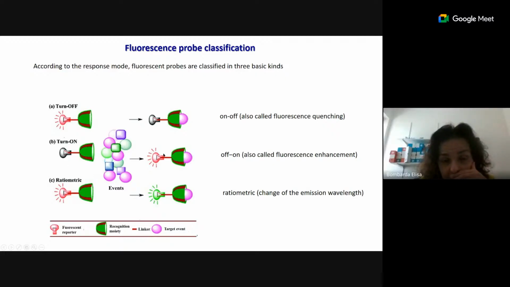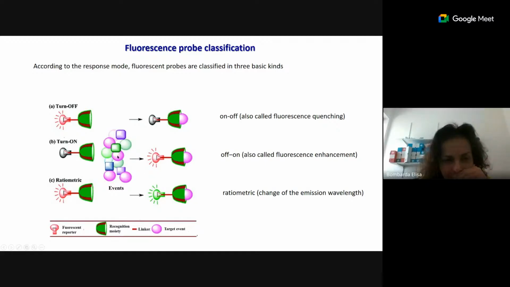The off-on probes, which in general are the ones preferred, are also called fluorogenic, because it's nicer to switch on a light in your system than to decrease a signal that maybe was already not so high before, but it depends.